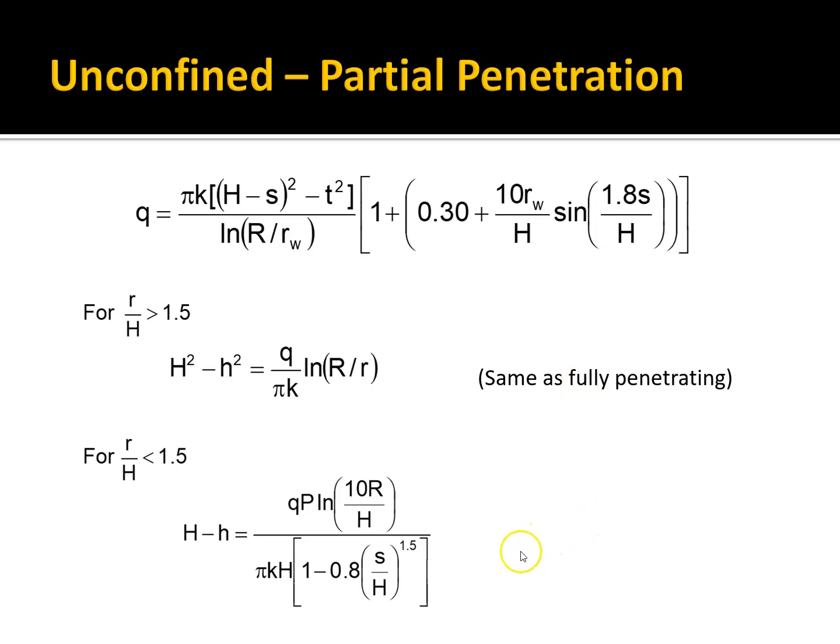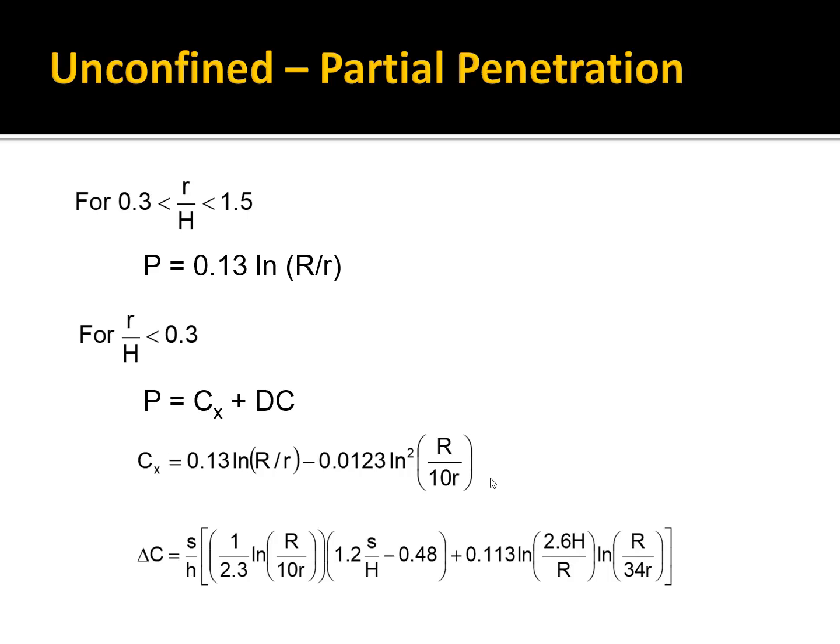If less than that, then you can use this equation to solve for H. It looks pretty simple, right? Except there's this P term here, and that P term is kind of complicated. You can plug this into a spreadsheet or Python code, and it's not too bad, but that's an equation for partial penetration, which you can use.